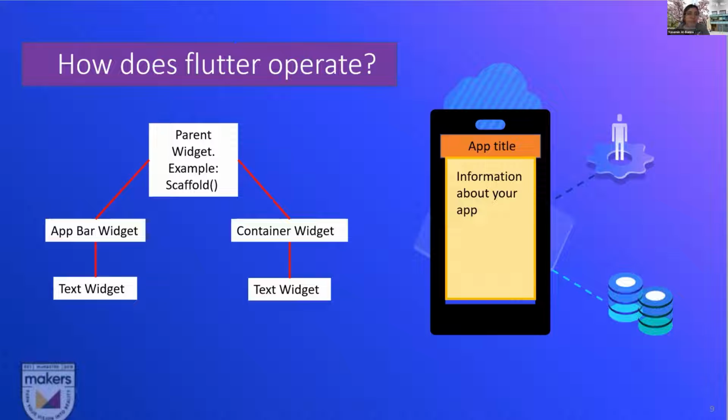And then we have multiple widgets inside of that. In this case, we have an app bar widget, which is represented by the orange rectangle. And inside that app bar widget, there's another widget called the text widget, and that's the widget that will help us add the app title.